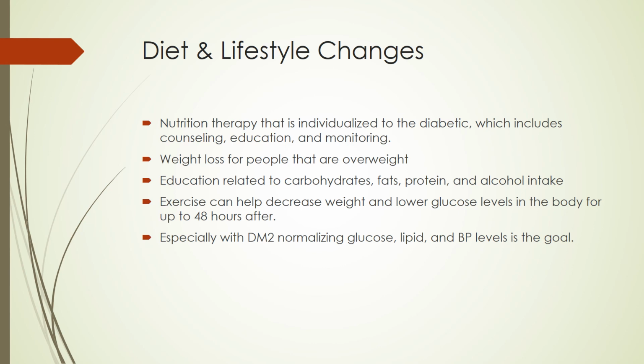Exercise is known to help decrease weight and lower glucose levels in the body for up to 48 hours. Especially with type 2 diabetes, normalizing glucose, lipid, and blood pressure is the goal.